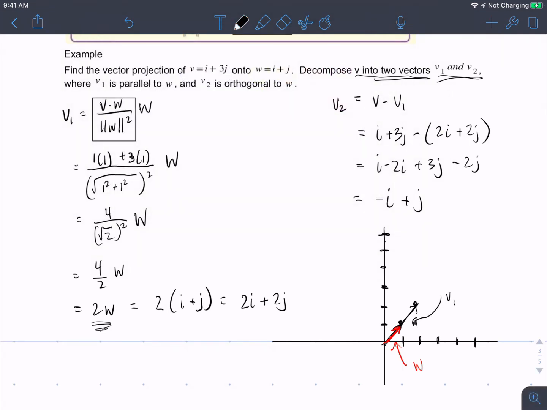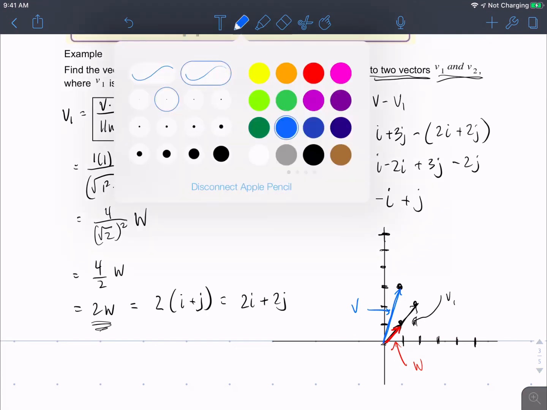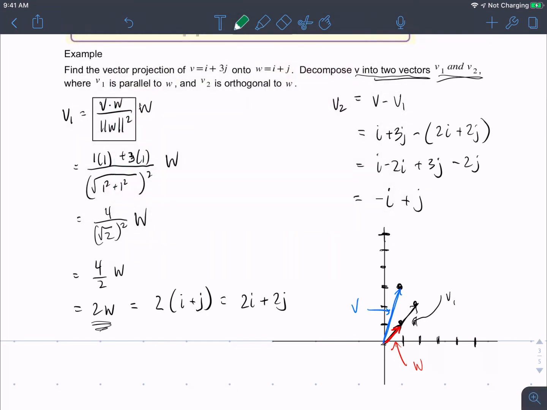Then v, we know that v was 1, 3. That's right here, and I'll do that in a different color too. Those are both position vectors, w and v. So this is v. And then I'll do v2 in green, and v2 comes this way in this direction.